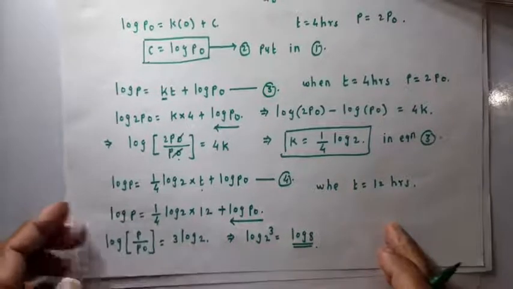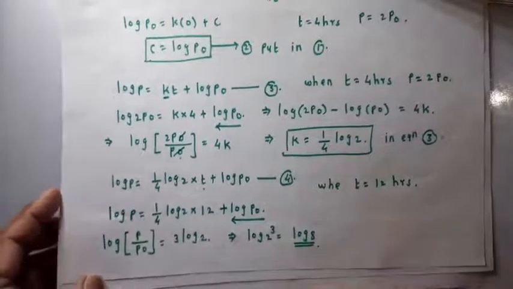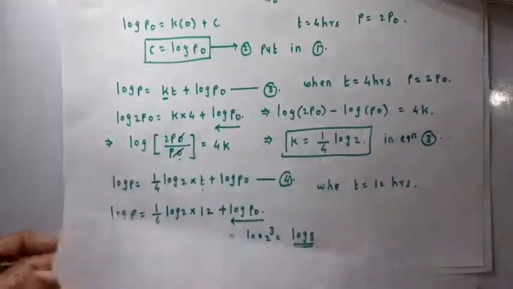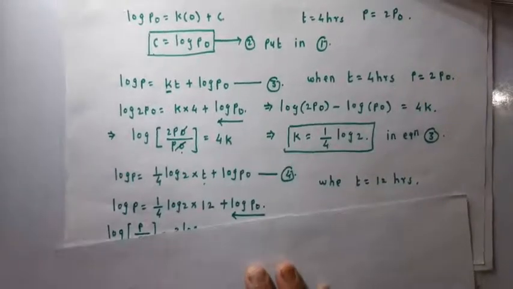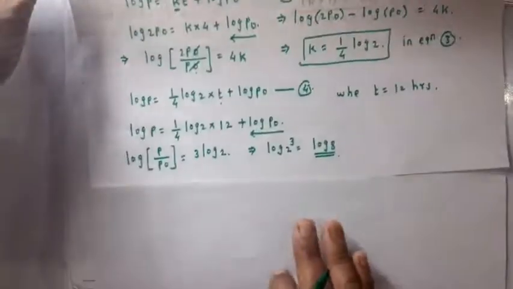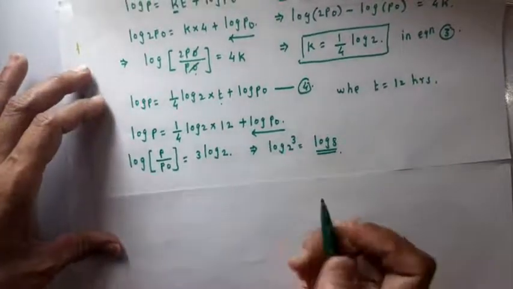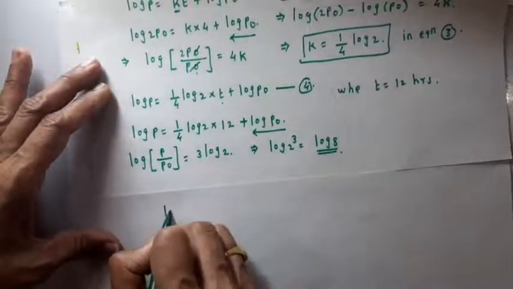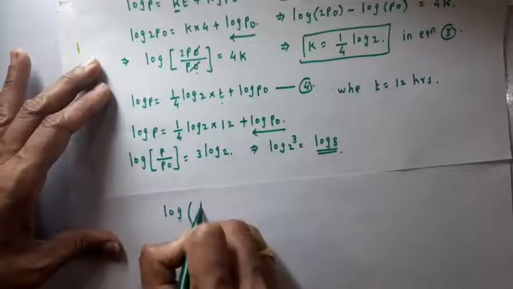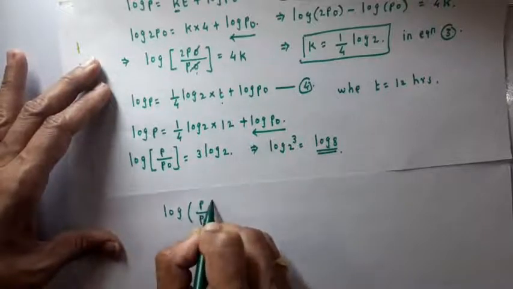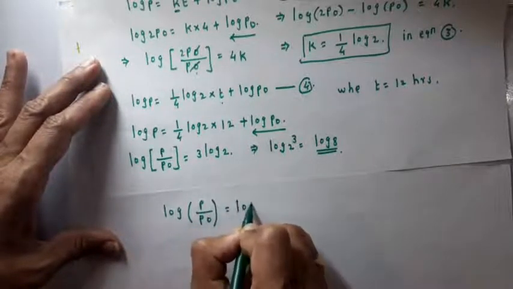Now we have log of P upon P0 equals log of 8.